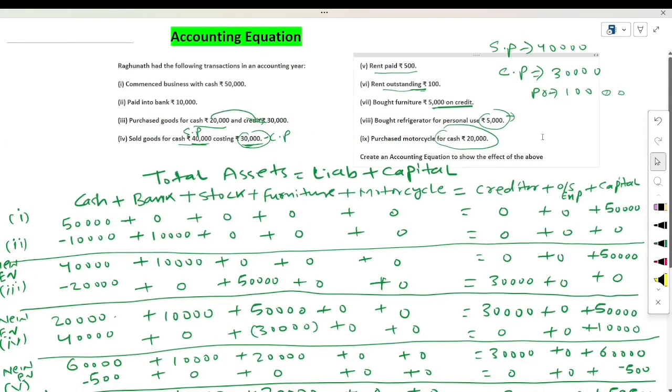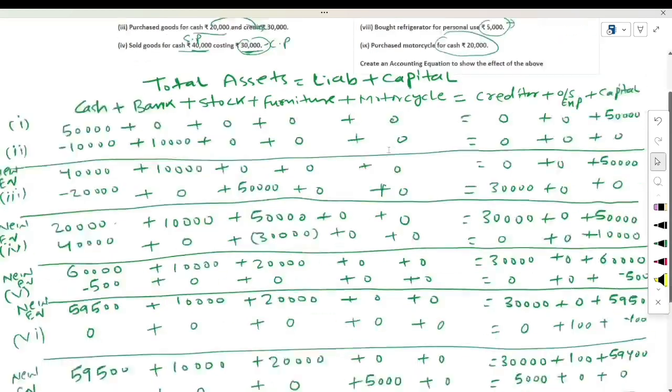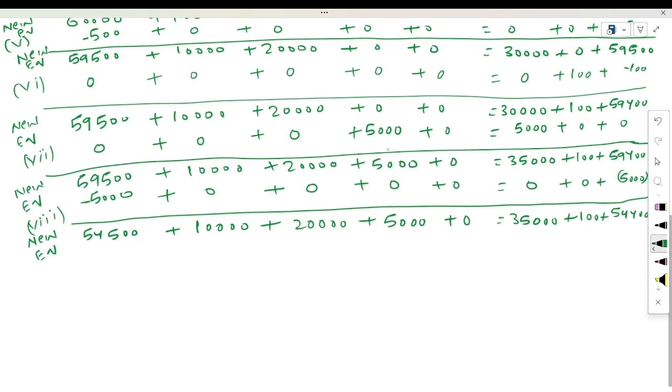Now come to the last transaction. What is the last transaction? The last transaction is purchased motorcycle for cash 20,000. He is purchasing a motorcycle, as I discussed earlier, for business use because nothing is mentioned in the question. That means he is purchasing for business use. So here cash value will be decreased by 20,000.